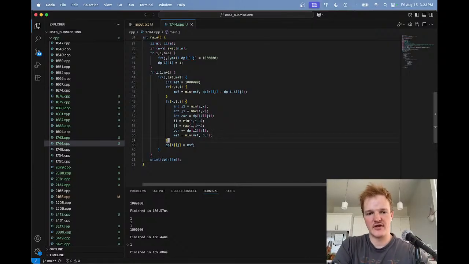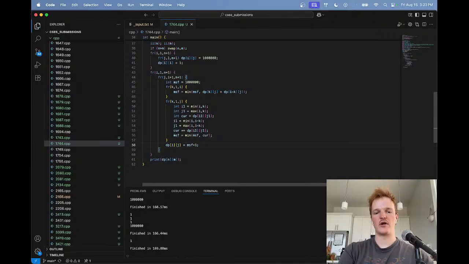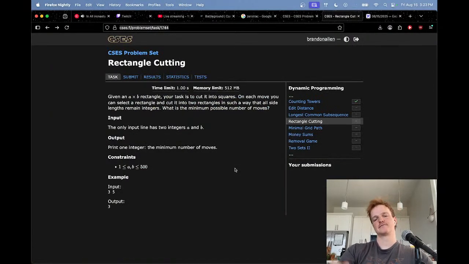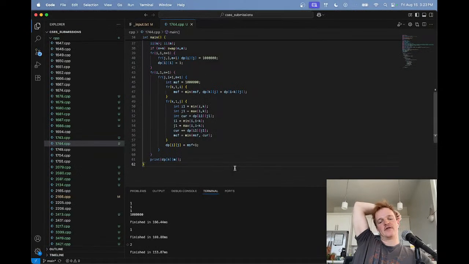It's because I want to say MSF plus 1. Two cuts. Is this yielding any useful information? No, not really.